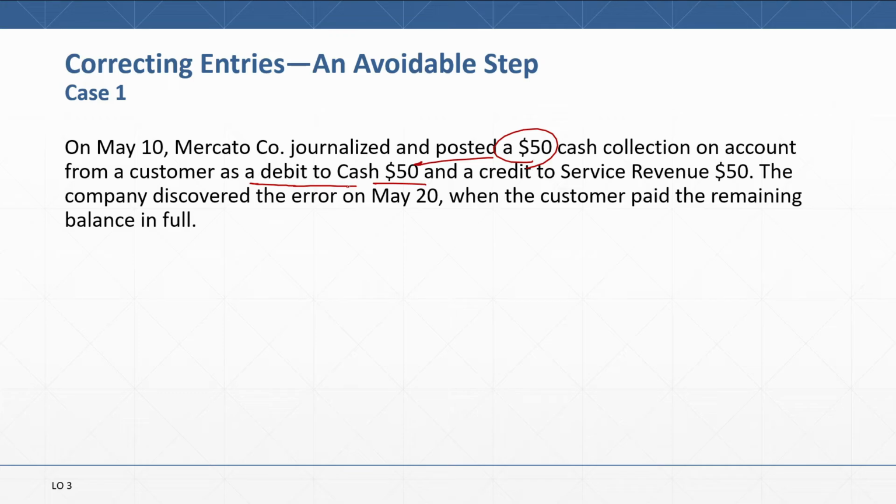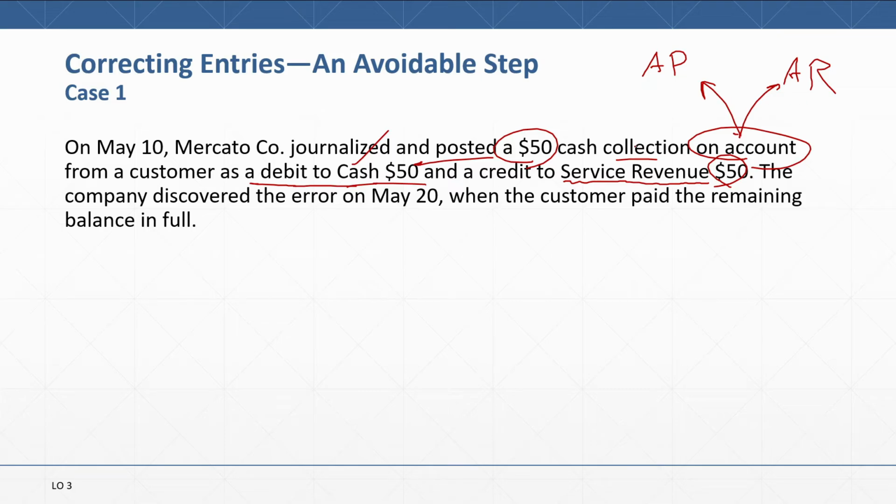And a credit to service revenue, $50. The amount is correct, but service revenue is the wrong account because it was a collection on account. When you see the term on account, it means either accounts payable or accounts receivable is involved.